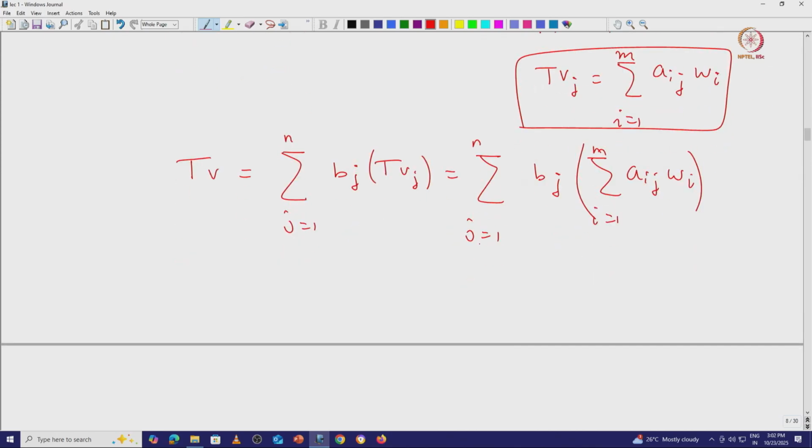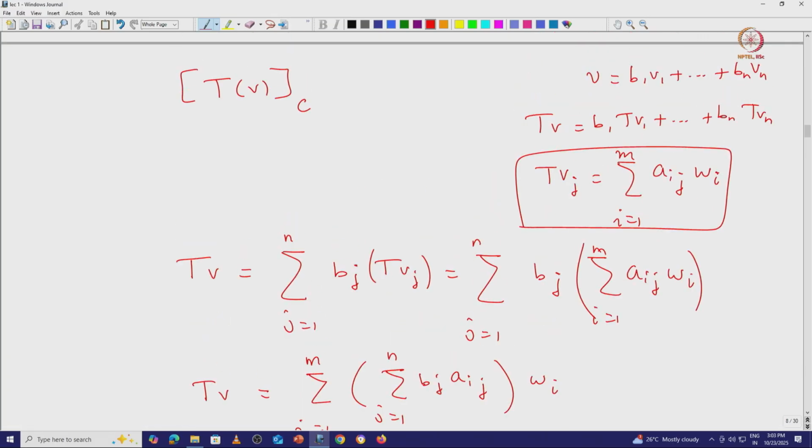By changing these summations we easily get Tv equal to the summation over i from 1 to m of the summation over j of bj aij wi.